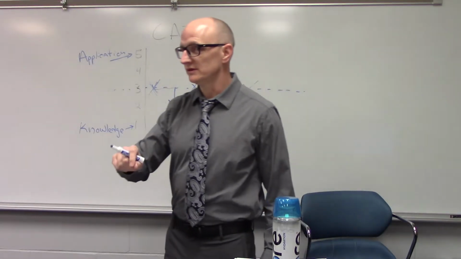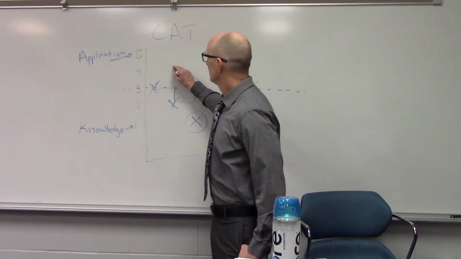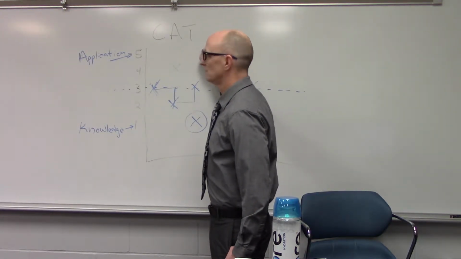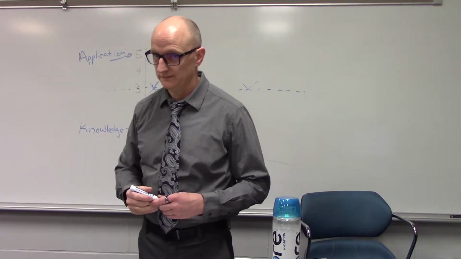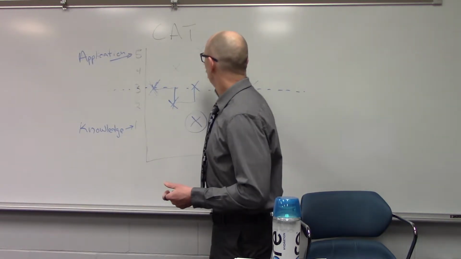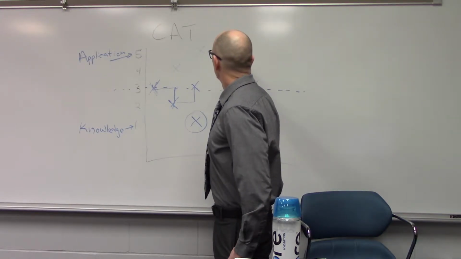In an ideal situation, you would get this one right, the second one right, and then that's going to give you an extremely difficult question at the application level. If you miss that one, you're going to bump down to level 4.